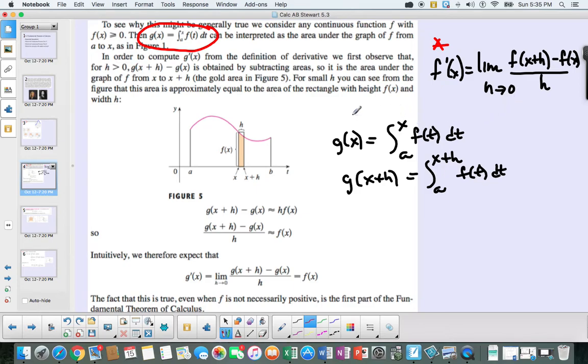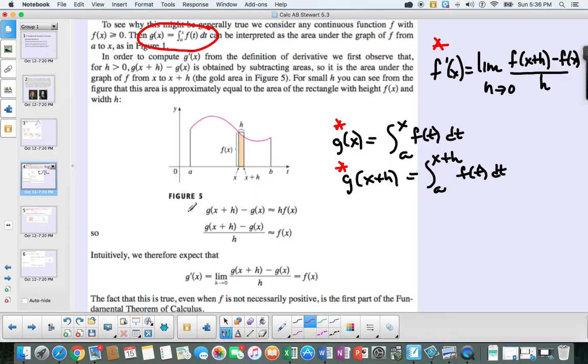We're going to do this by looking at the two area accumulator functions, g of x and g of x plus h. G of x represents the area from a to x, and g of x plus h represents the area from a to x plus h. Just like we did with the derivative, we're going to find the average rate of change.